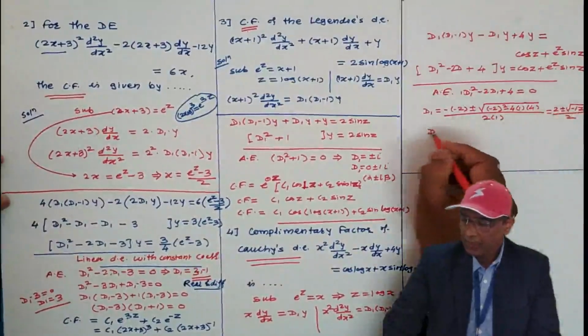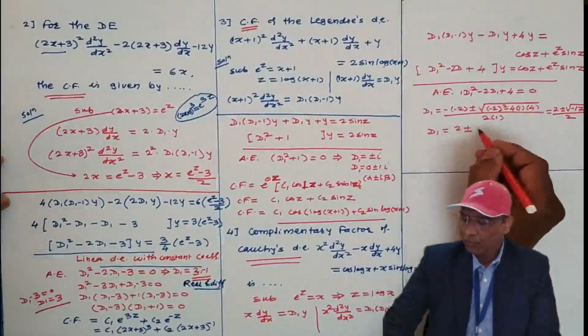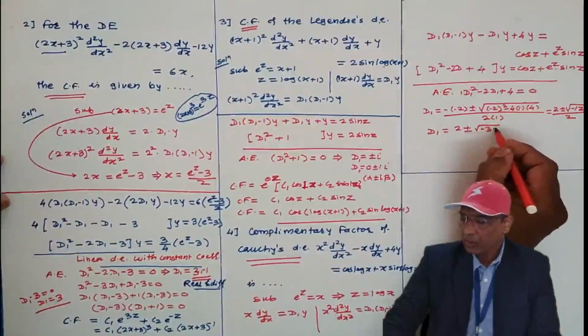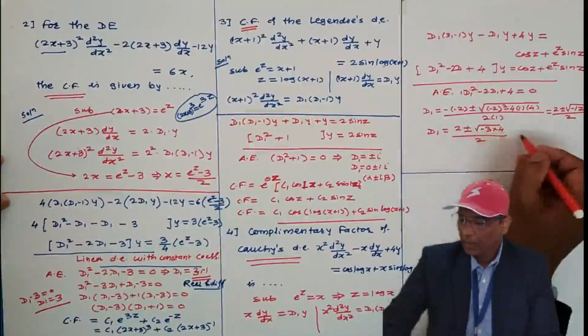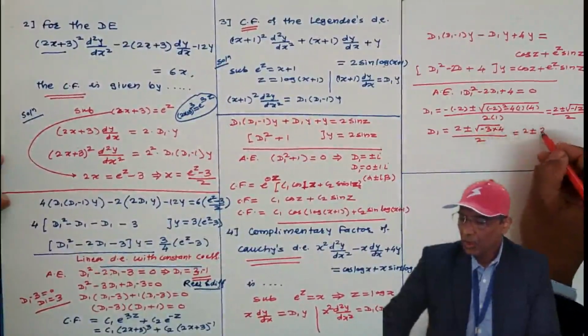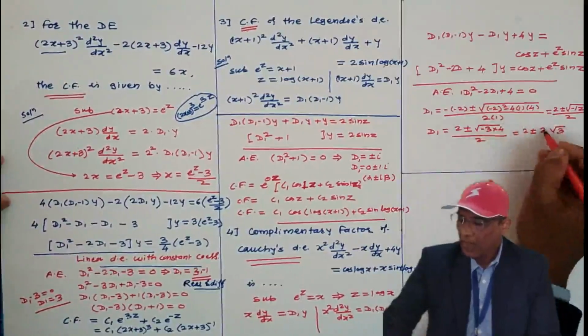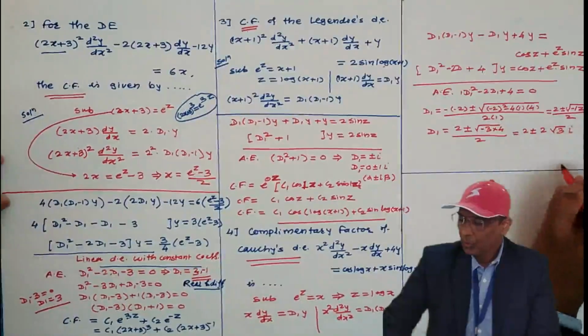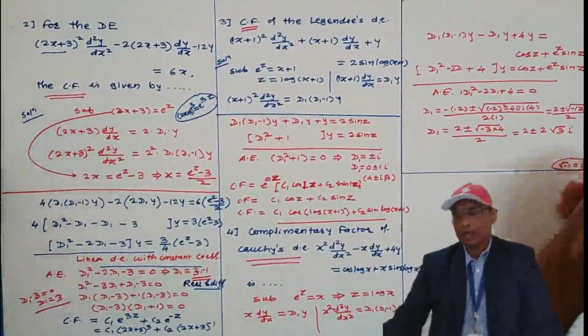Then D1 is 2 plus minus the root of minus 12, which can be written as minus 3 into 4. So 2 plus minus root of 4 is 2 and root of 3 I am writing, and root of minus 1 is iota. Okay, this we have done previously.